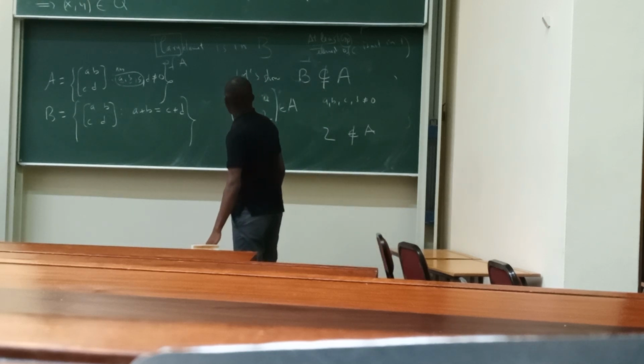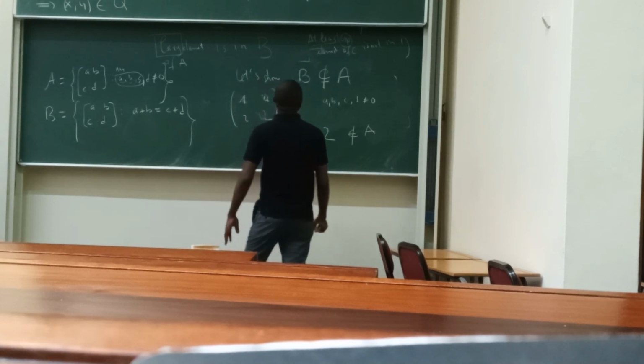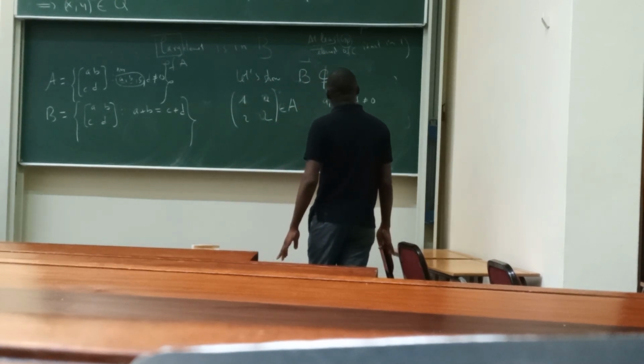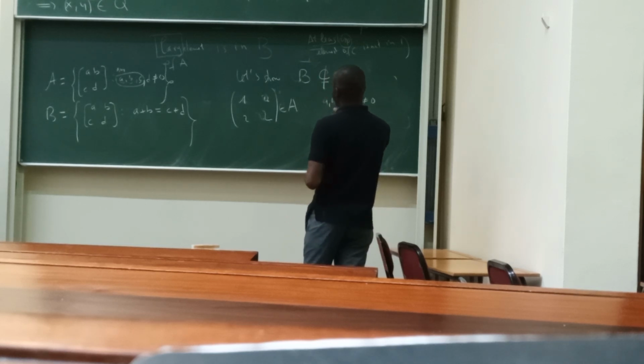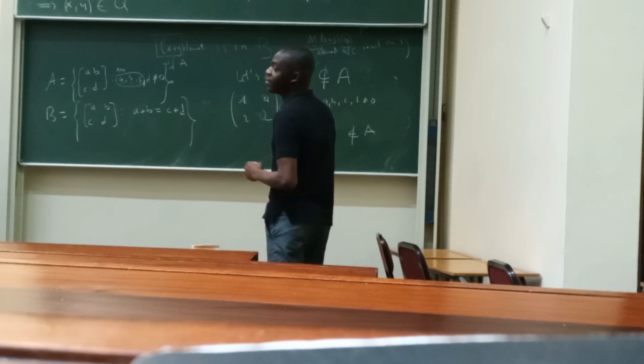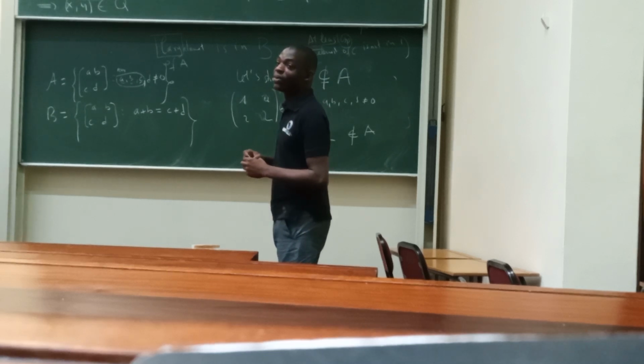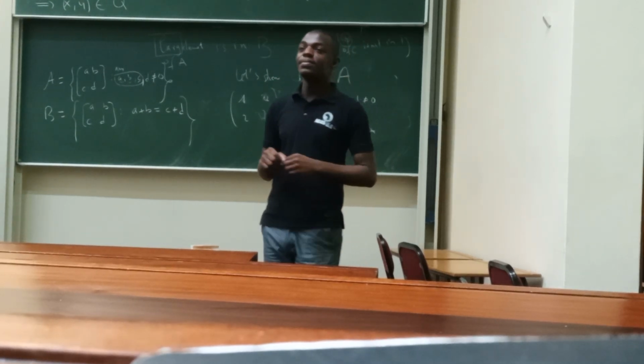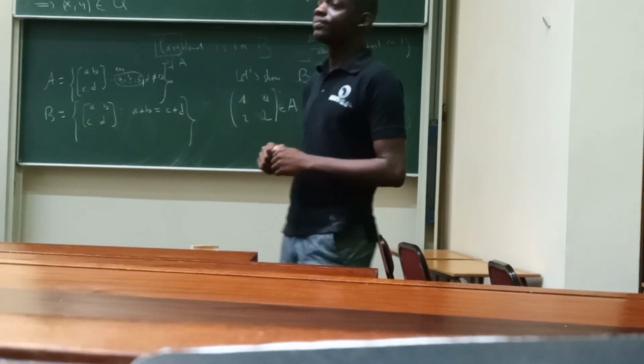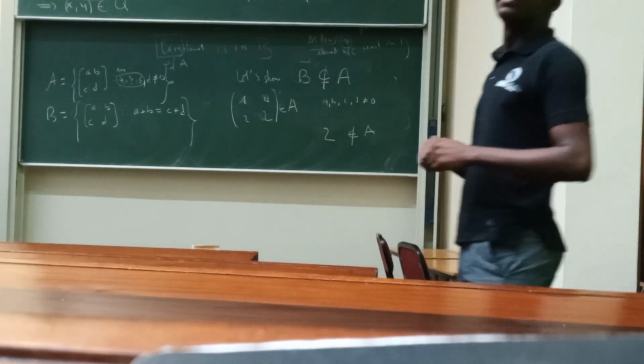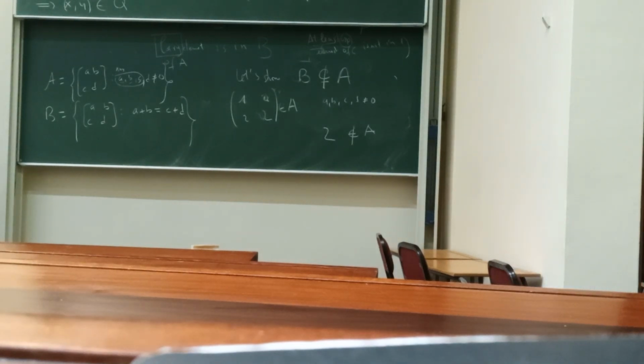Okay, good. So what we want to show is that B is not a subset of A. So what we need to do is find an element of B that is not in A. Right? Who can give me this element? Yes, at the back. Come right here.